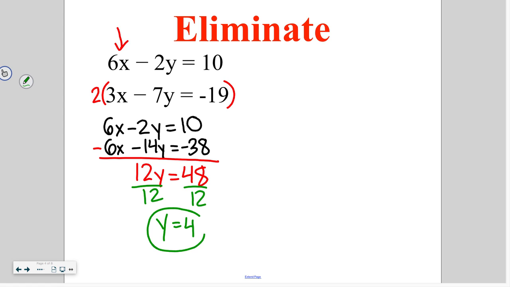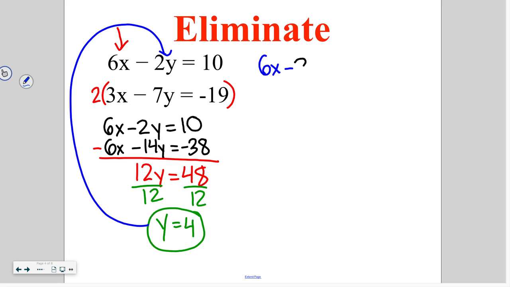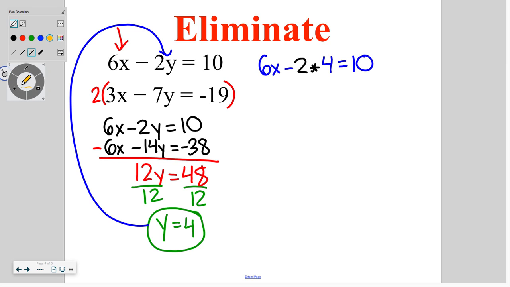I'm going to go ahead and plug back in. Again, it doesn't matter where you plug it into, one of the original equations. So I've got 6x minus 2 times 4 gives me 10. When I simplify that, I've got 6x minus 8 is equal to 10.